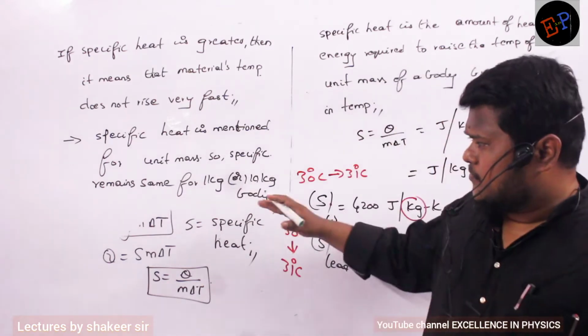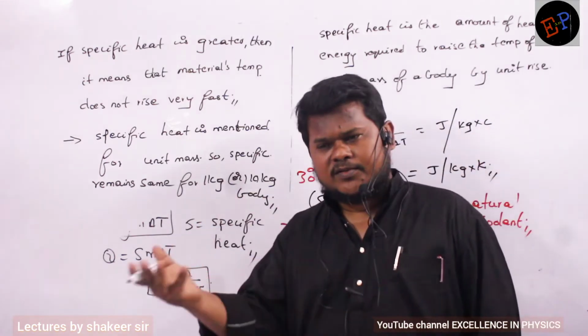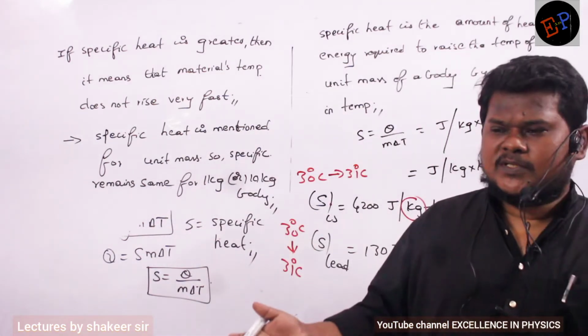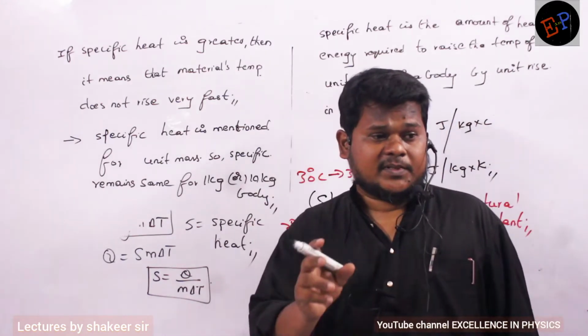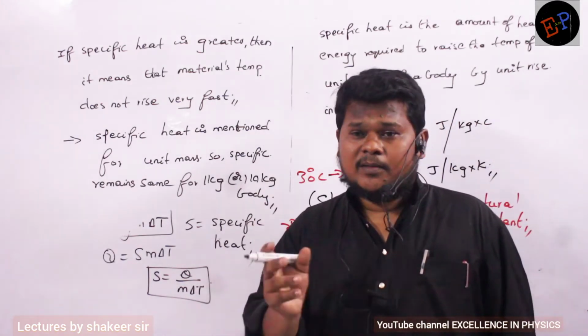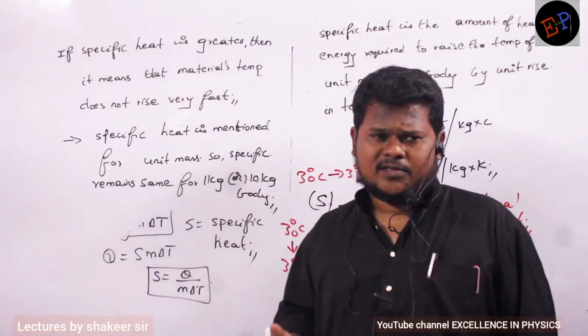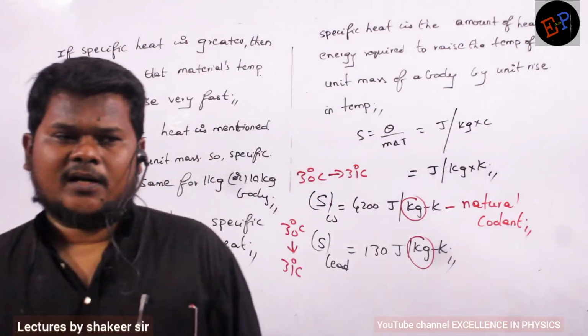So therefore specific heat is always a constant for a particular material. For 1 kg body also specific heat is same. For a 10 kg body, 20, 30 kg body also specific heat remains the same, because it is specific. Already we have taken per kg, no? For 1 kg iron also it is same, 10 kg iron also, 100 kg iron also.